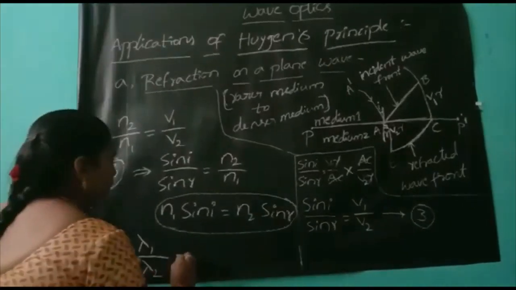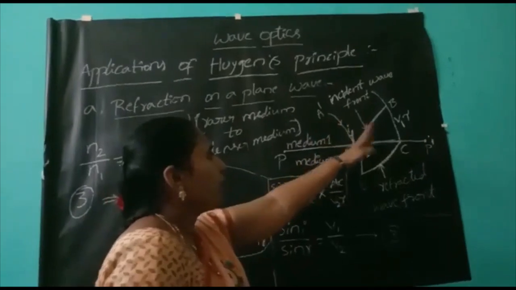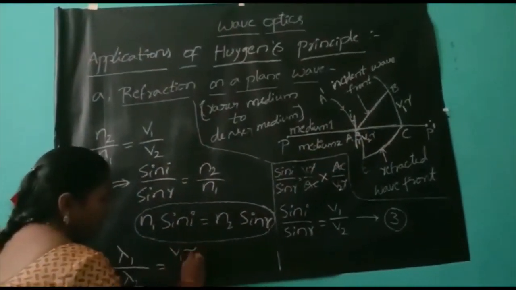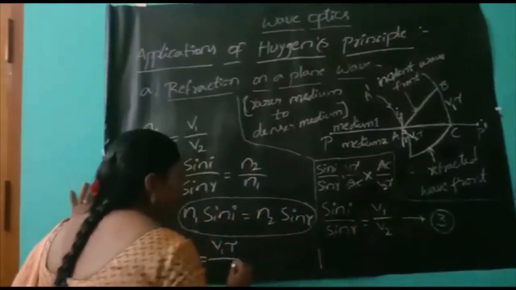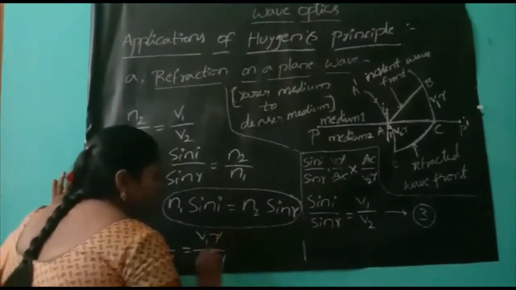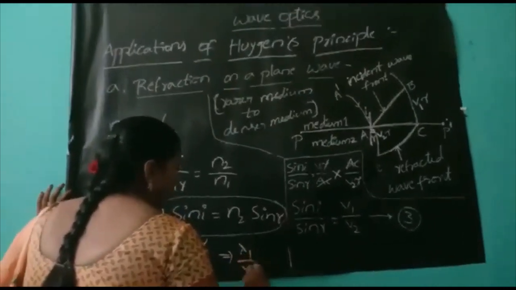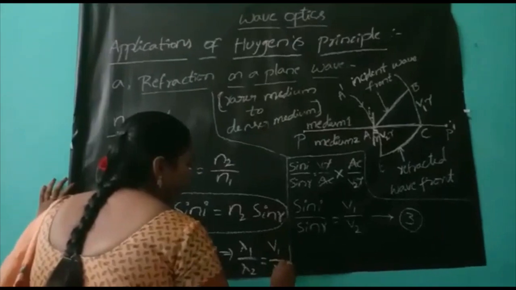That is equal to, in medium 1, the distance between B and C, V1 torque, by medium 2, the distance between A and E, V2 torque. Here the torque term cancels. This implies lambda 1 by lambda 2 is equal to V1 by V2.